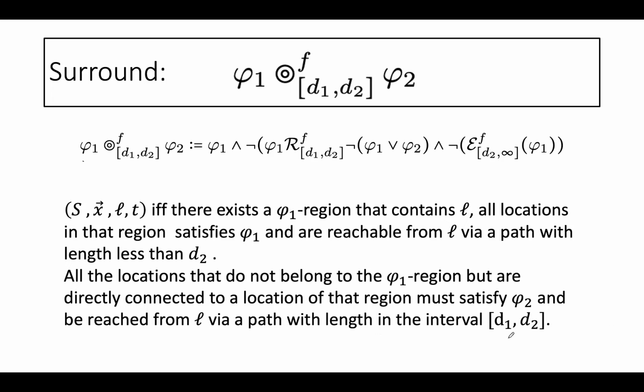So the idea is that all the elements that belong to the phi1 region are anyway inside the ring d1 and d2 as a distance from the location where we are checking the property, that is L.